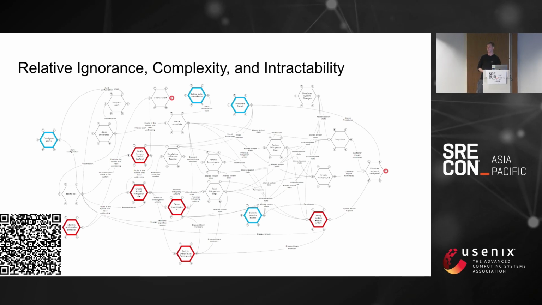Various vendor technologies, so on and so forth. There's always something somewhere, and so there's relative ignorance. There's also complexity, which means when things interact with things, you might be able to intuit a relationship, but when things interact with things, it gets a lot more tricky to follow. And intractability, which comes from that, the difficulty in imagining and walking through a scenario.